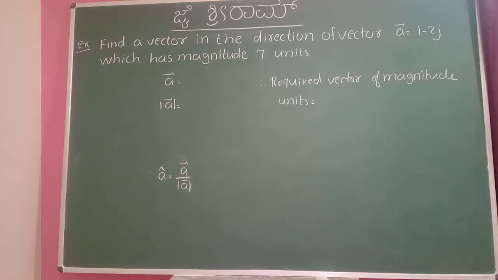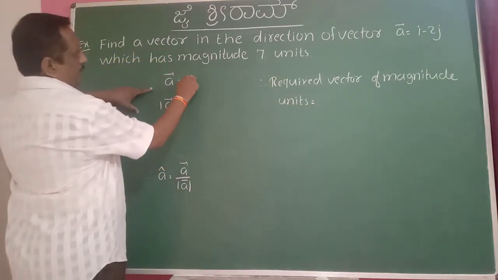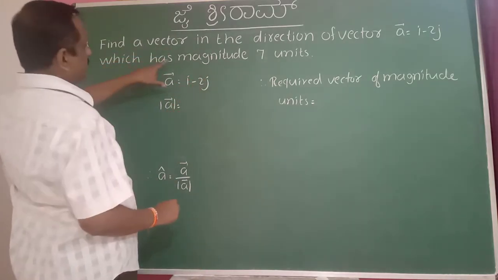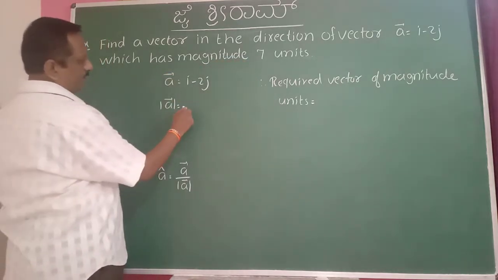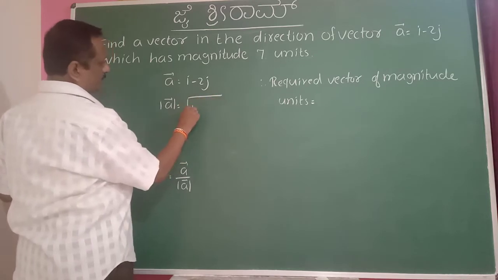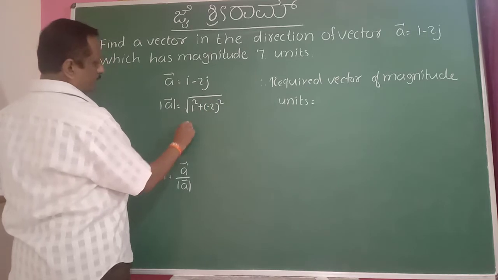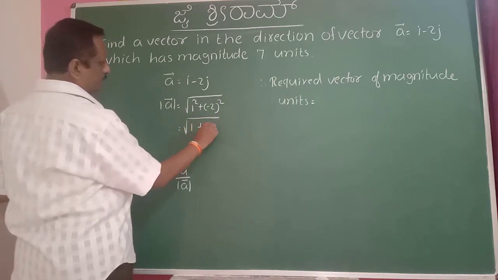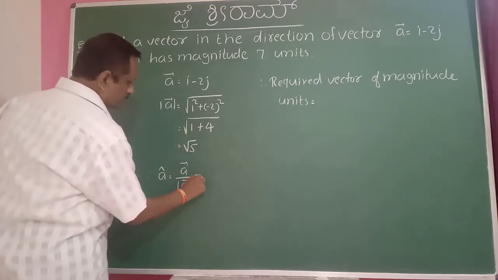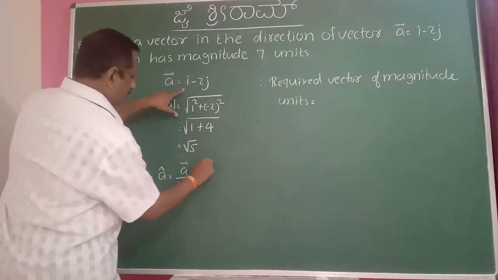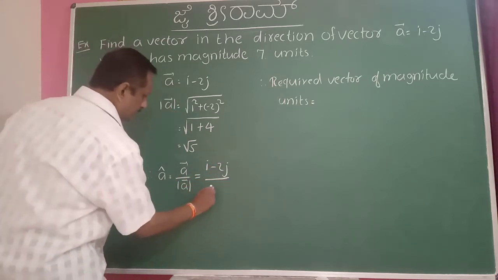This example is also the same type. Find a vector in the direction of the vector i minus 2j, which has a magnitude of 7 units. First find its modulus. The modulus of a bar is root of 1 squared plus (minus 2) squared, therefore root of 1 plus 4, which is root of 5.